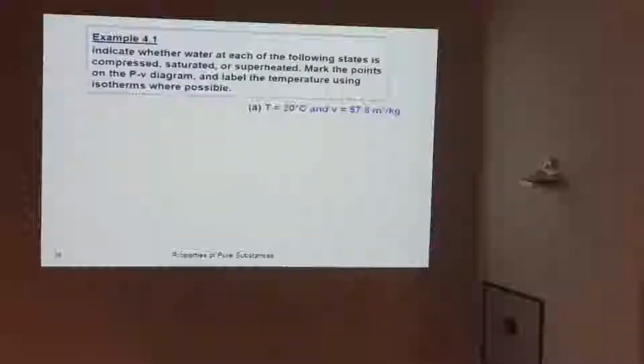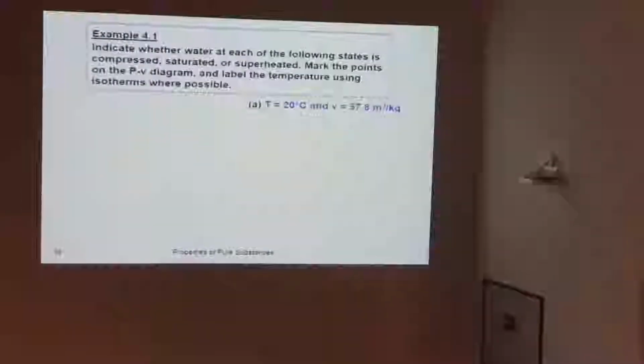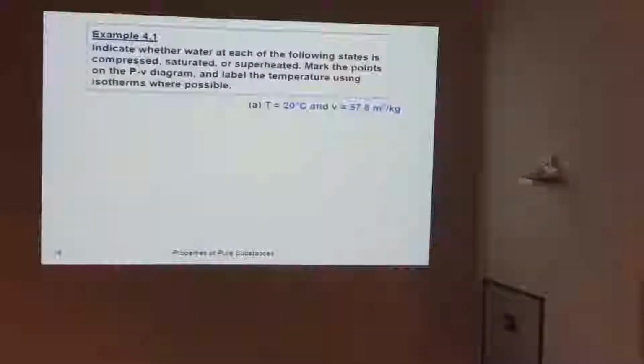You have three cases, right? How to do it? Still the same. So for T equals to 20, V is 57.8. You need to go to the temperature list to find at 20 degrees what is the V.